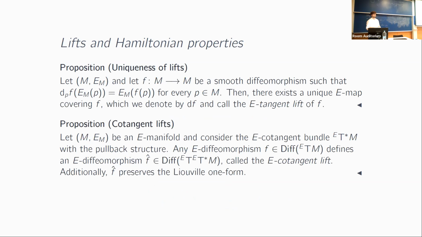So now, the interesting part, we can define lifts. And this is where I will be using the generic injectiveness of the anchor. Because if we have a diffeomorphism on the base, I have not spoken about the morphisms. Morphisms are morphisms of Lie algebroids because E-structures have an E-tangent bundle structure, which is a Lie algebroid. You can define morphisms just by restricting Lie algebroid morphisms.